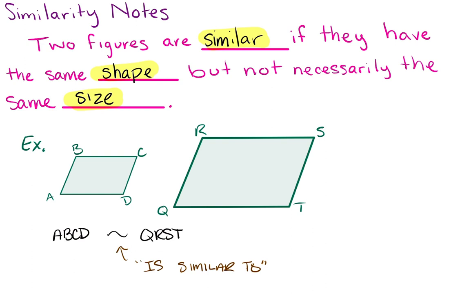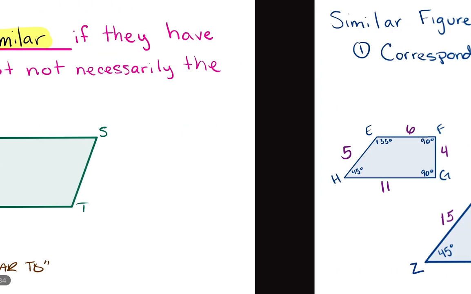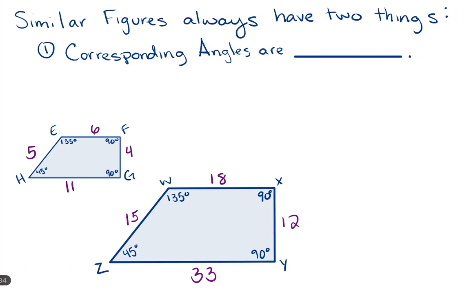There are two characteristics that happen when we have figures that are the same shape but not the same size. The first of those is that corresponding angles are congruent.